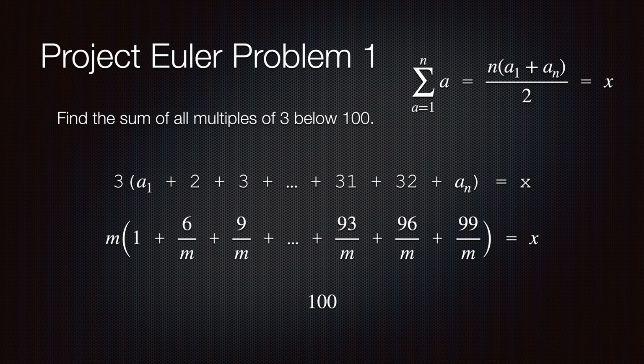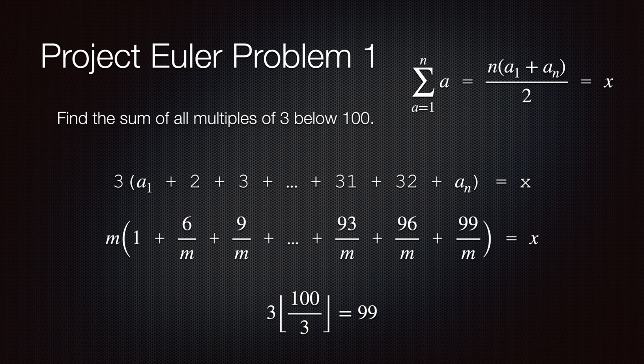How do we find the largest multiple of 3 below 100? How about we start by dividing 100 by 3? This will give us a repeating number. Let's floor that to get rid of our decimals. Finally, multiply by our multiple and we get our 99.